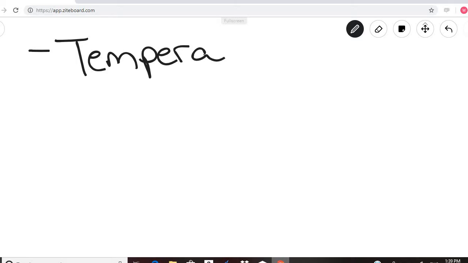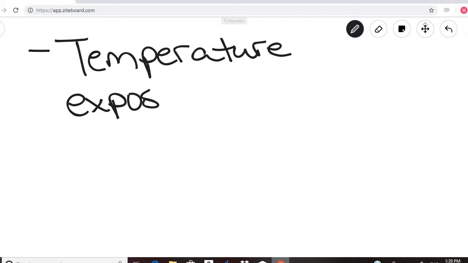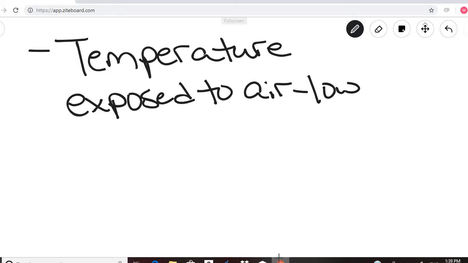Just like before, the other thing that they have to deal with besides changes in salinity is changes in temperature. So they're going to get exposed to air during low tide, and that will affect the temperature. It could be hot or it could be cold.